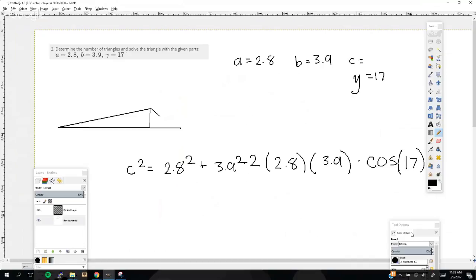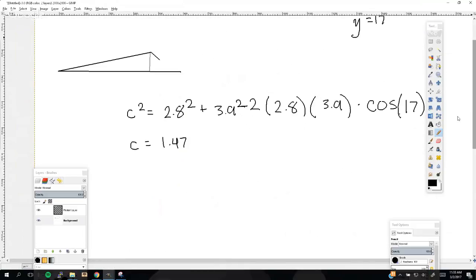I got 2.164. Awesome, that's exactly what I got. Well, I haven't square rooted it yet, but I got 1.47 after you square root it. Wouldn't you take the square root of it?